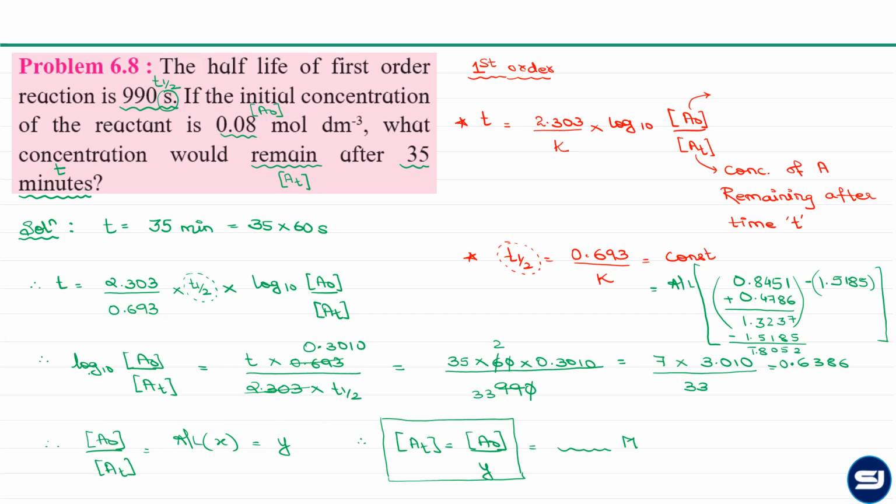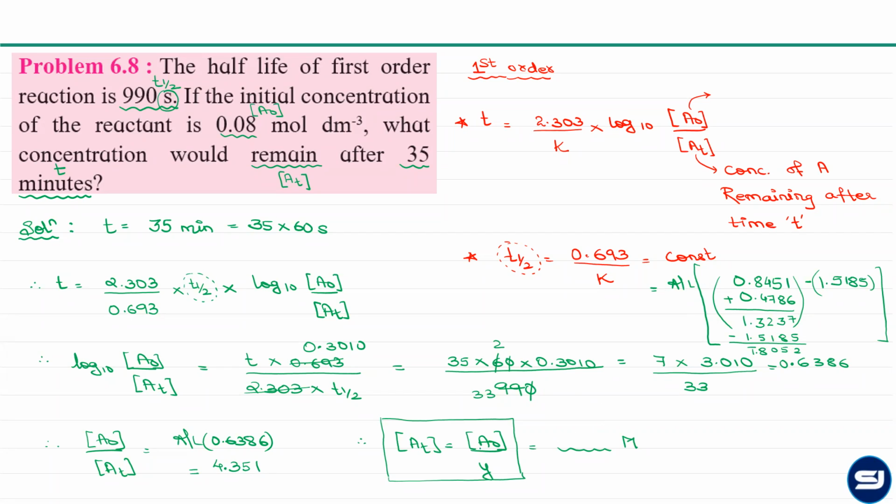So now A0 by A will be equal to antilog of this, yani antilog of 0.6386. So now again find antilog 63 का 8 का 6. Okay. 63 का. So 4351. 4351 यानी 4.351, right?